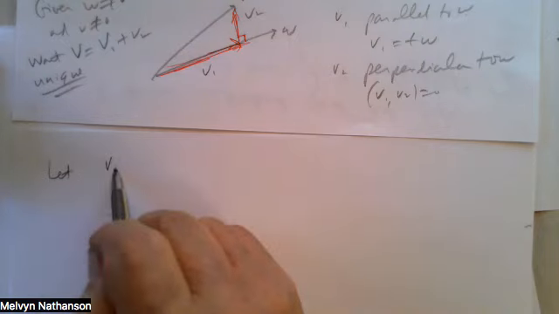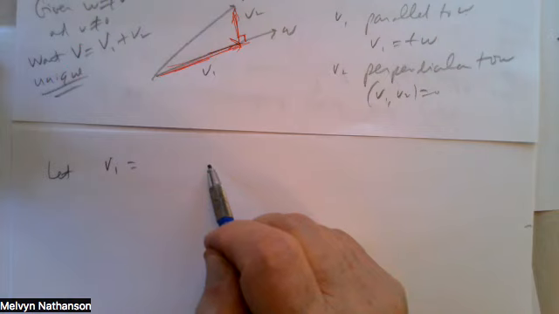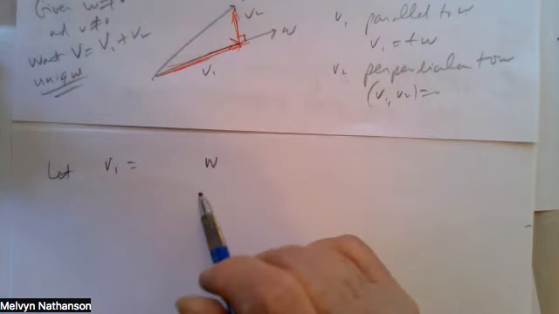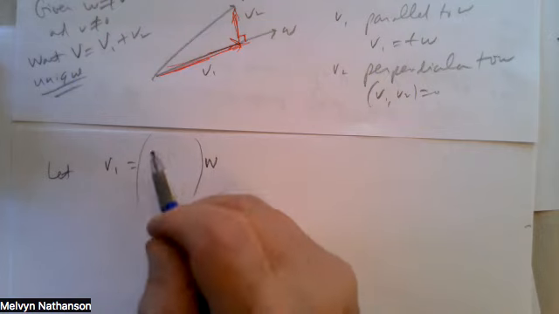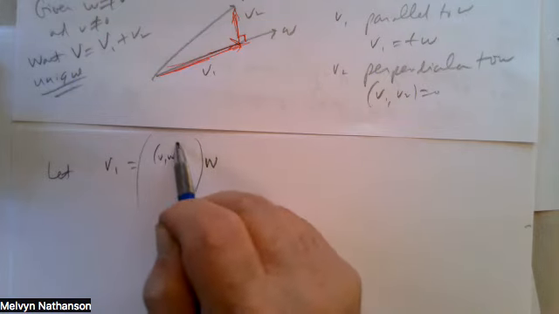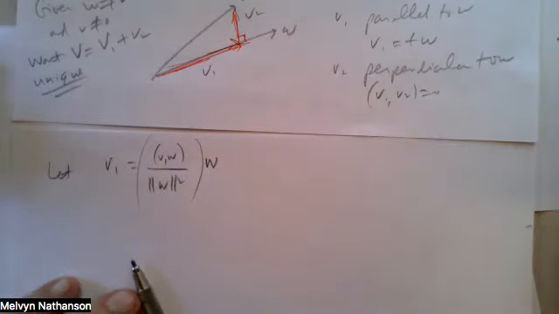Suppose I let V1 be a certain scalar multiple of W. And that scalar multiple will be the inner product of V and W divided by the length of W squared.